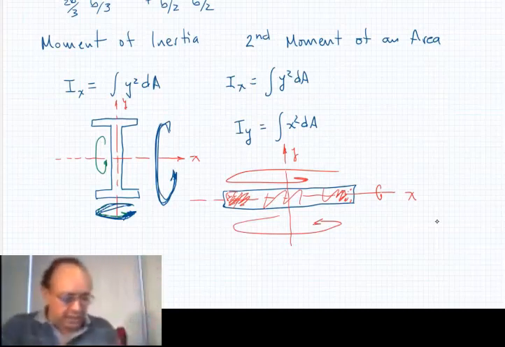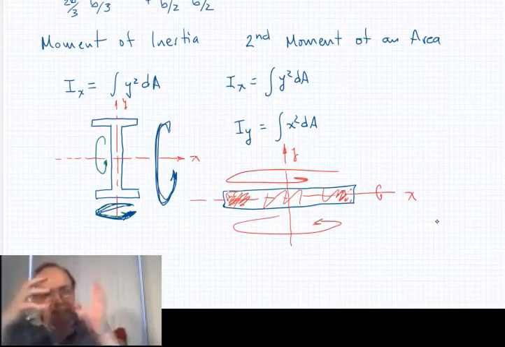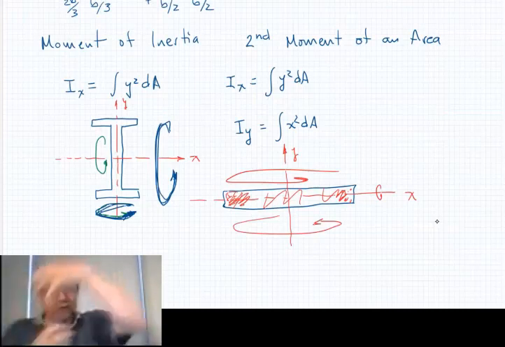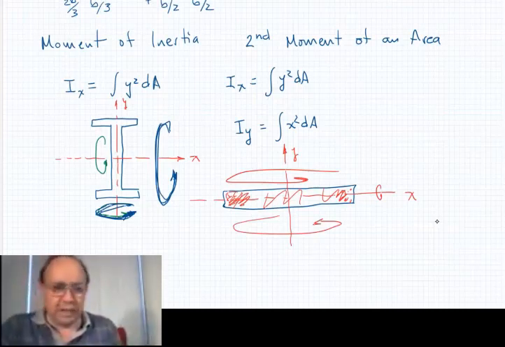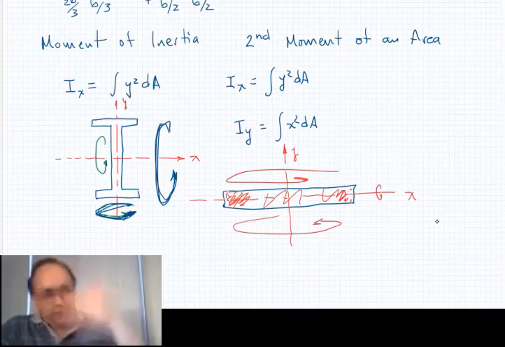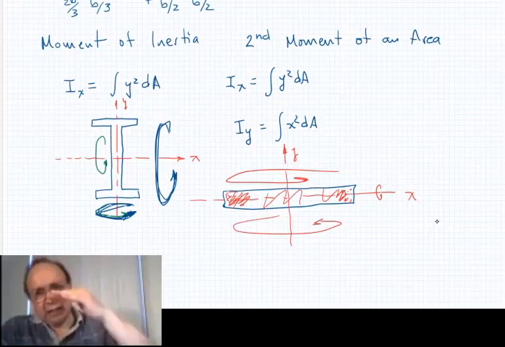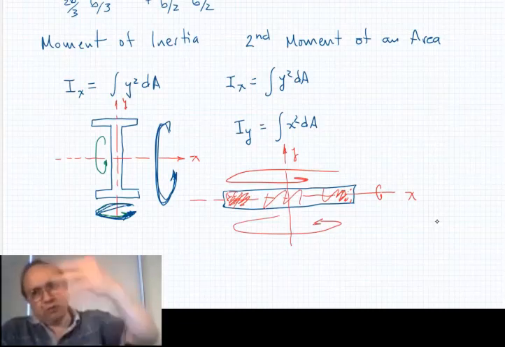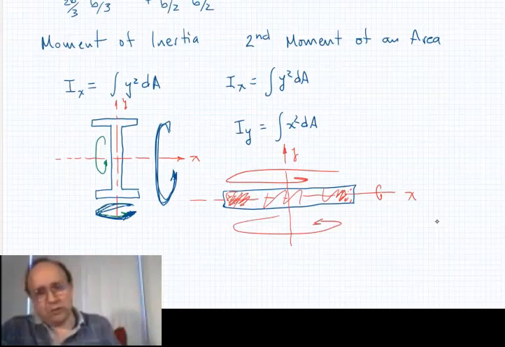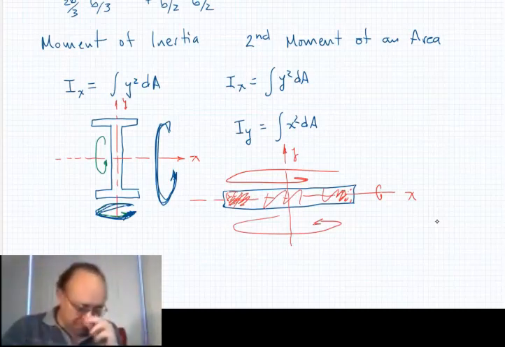So the moment of inertia gives you an idea about the characteristics of the area about rotation with respect to a specific axis. So the moment of inertia depends on what axis you are talking about, what axis the area is willing to rotate about.